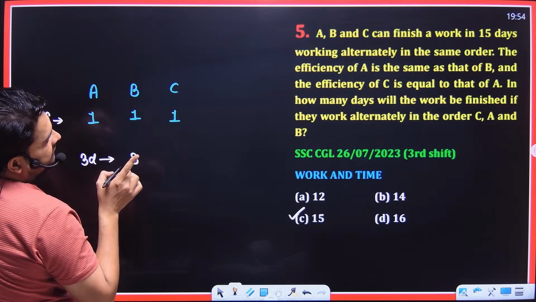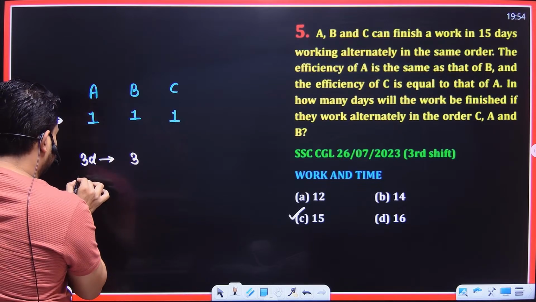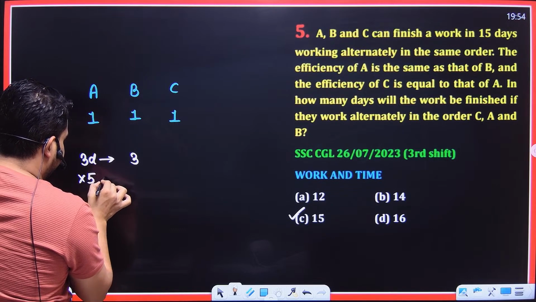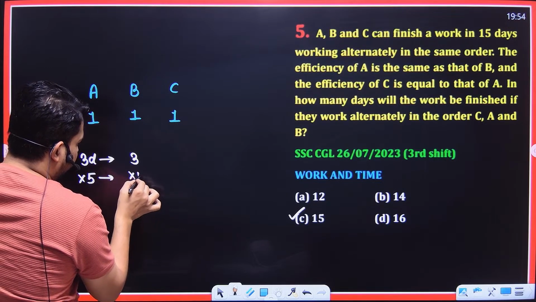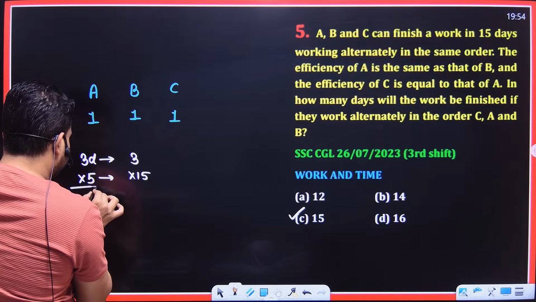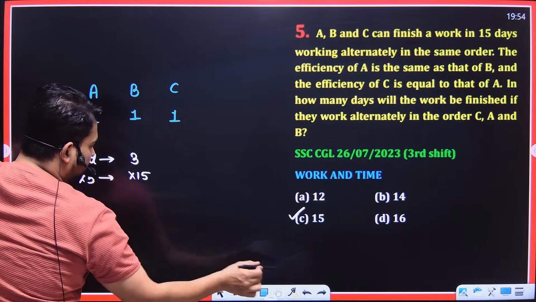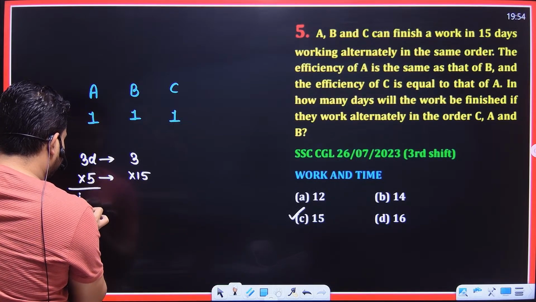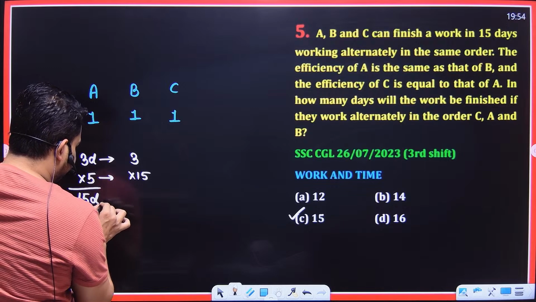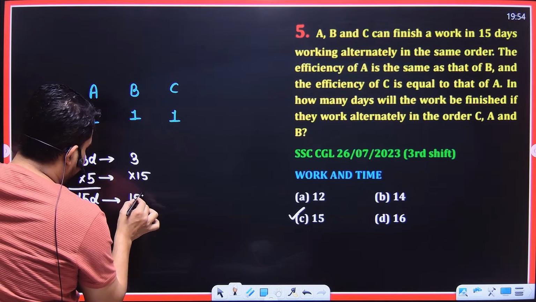A, B and C can finish a work in 15 days. So if A plus B plus C work on alternate days starting with A, then in 15 days, 15 work can be completed.